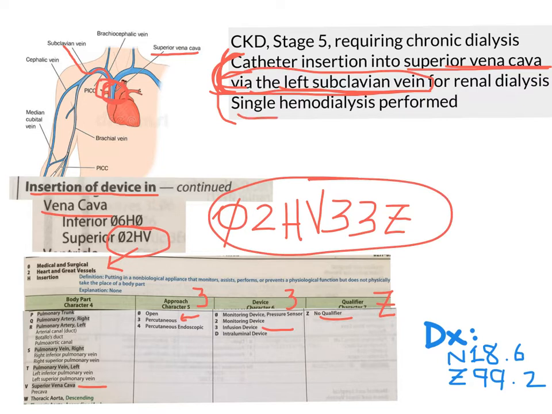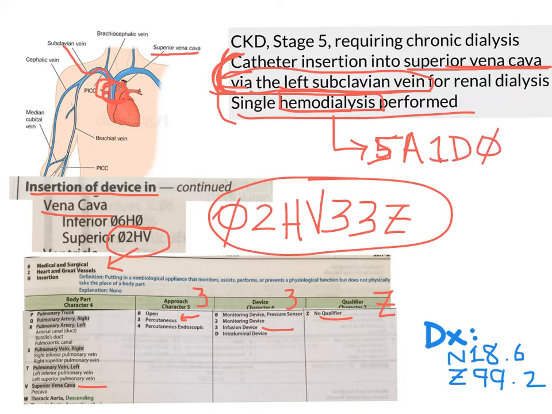Then you would need to go on and code for the hemodialysis, and we just do that by looking up the term hemodialysis in the alphabetic index, and it's pretty straightforward from there. So I'm sure that you can figure that out, but that final hemodialysis code is 5A1D00Z.